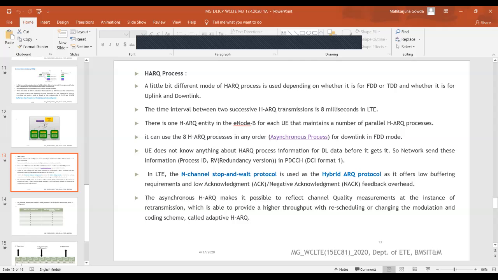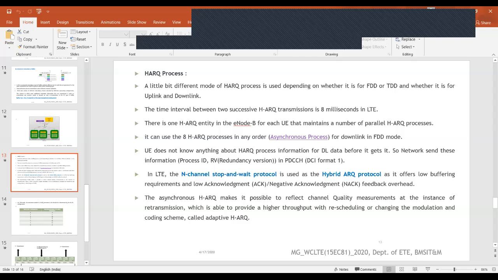The type of duplexing is FDD and downlink transmission. For that, the time interval between the two successive hybrid ARQ transmissions is 8 milliseconds in LTE. So, there is one hybrid ARQ entity in the eNB for each user equipment that maintains the number of parallel hybrid ARQ processes.